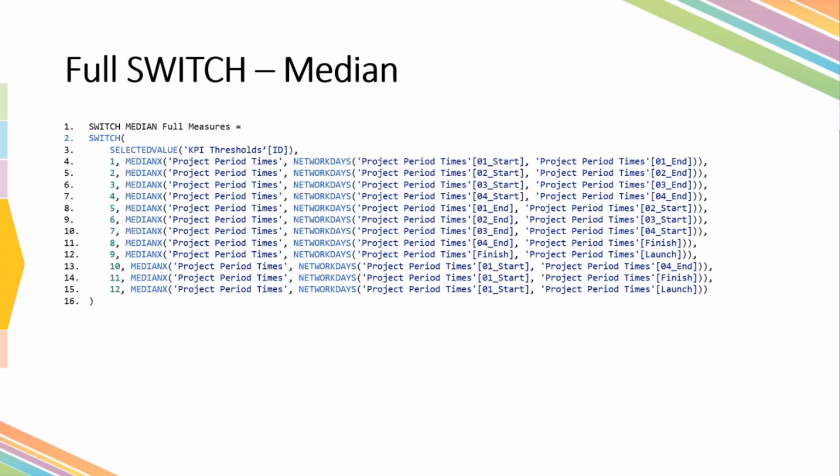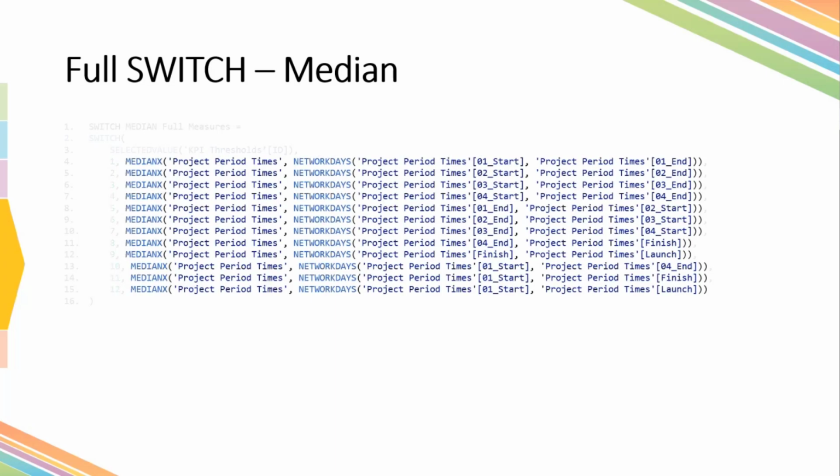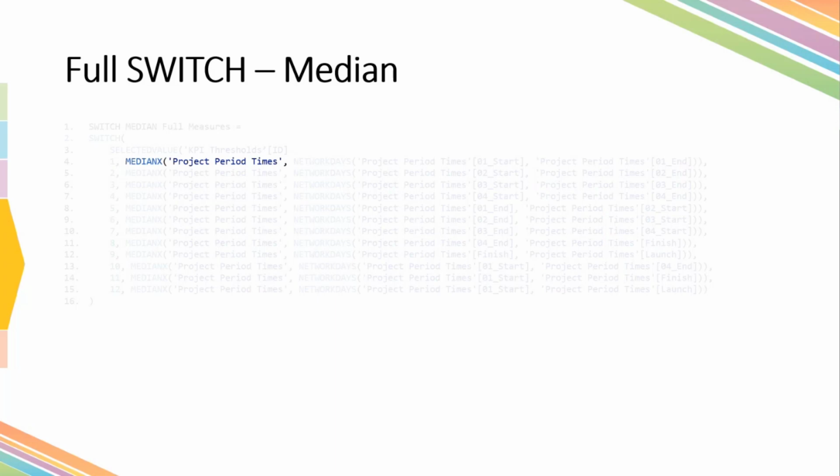However, it's a very, very repetitive deal here. So we use, again, the selected value of the IDs, and depending on which IDs are being chosen, it executes the according median x function. And the median x function looks at the table and calculates the median of all of the network days between those two columns.